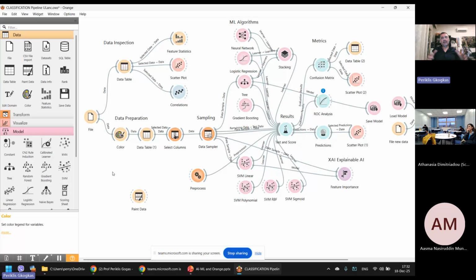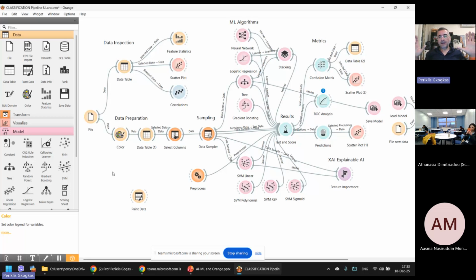So you basically have this graphical user interface with all these nodes that are interconnected. And it is easy for someone that is new in machine learning to use it and basically understand what's going on and how we train these models. Of course, behind these nodes, Orange runs Python code, okay?